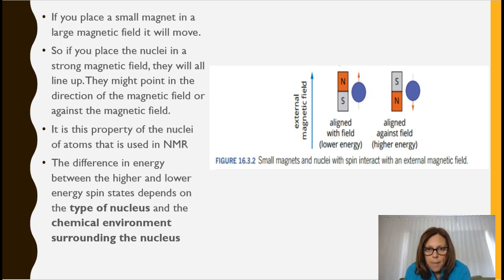So what happens is, to induce a higher energy state, a radio transmitter is used to flip the protons and neutrons into a high energy state, so against the field.